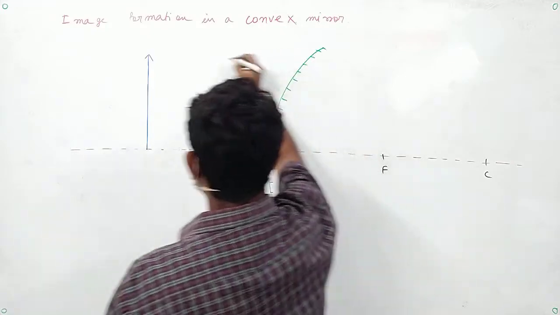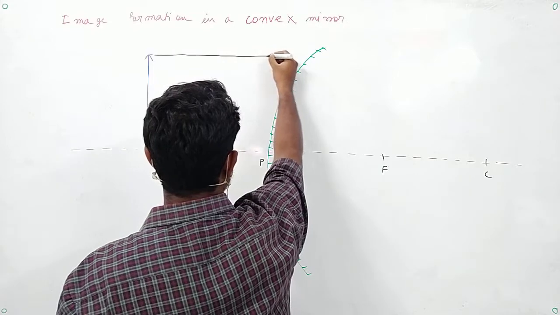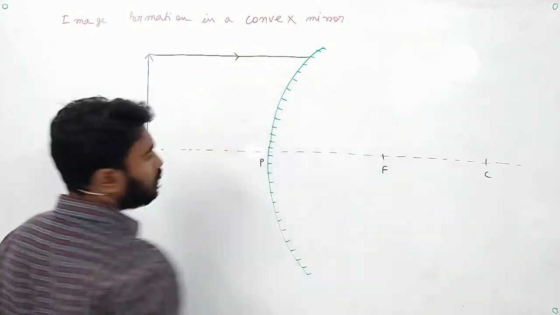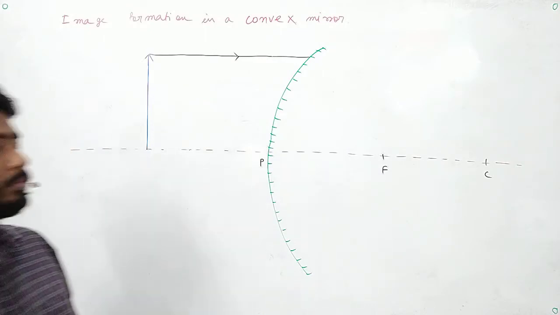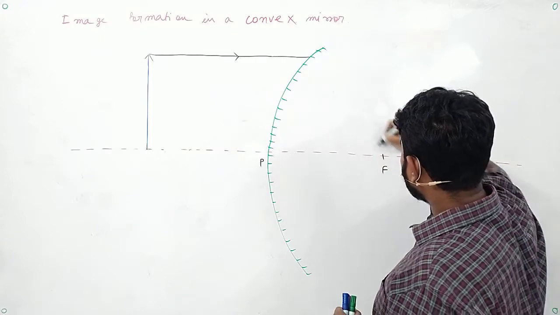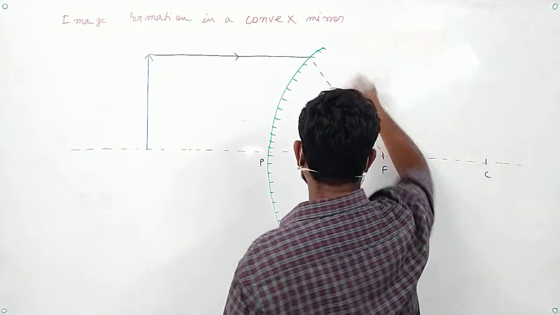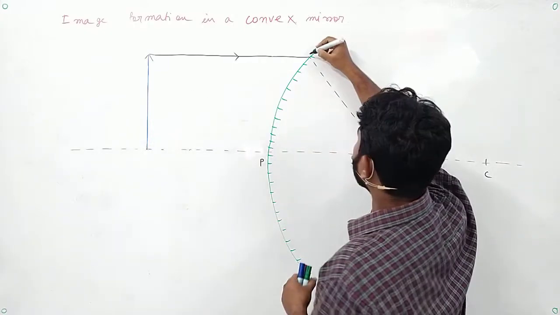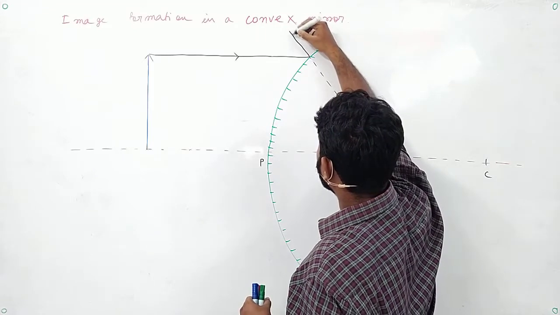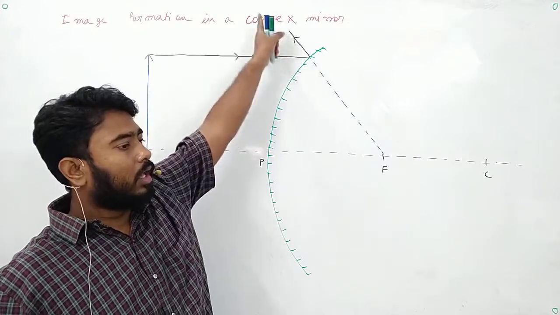Now, when a ray of light comes parallel to the principal axis, we know that it will pass in a direction such that the ray of light will be along this side.